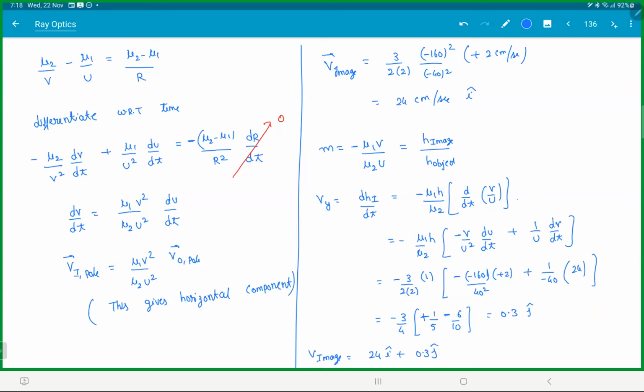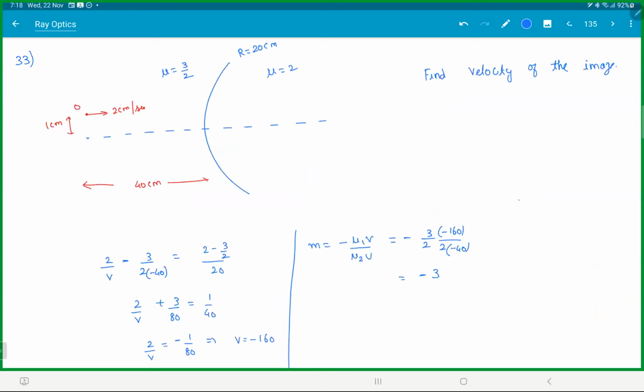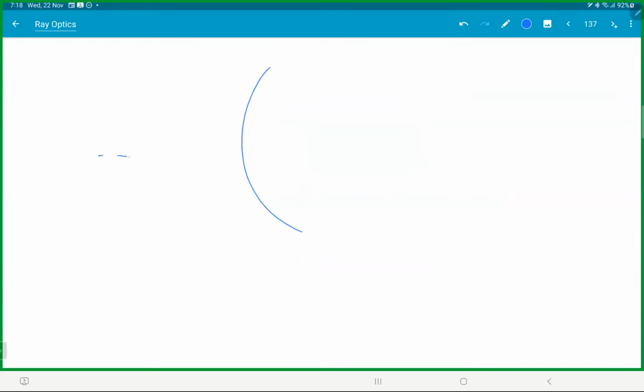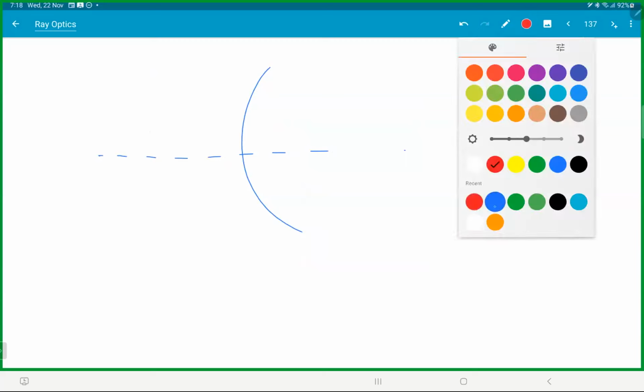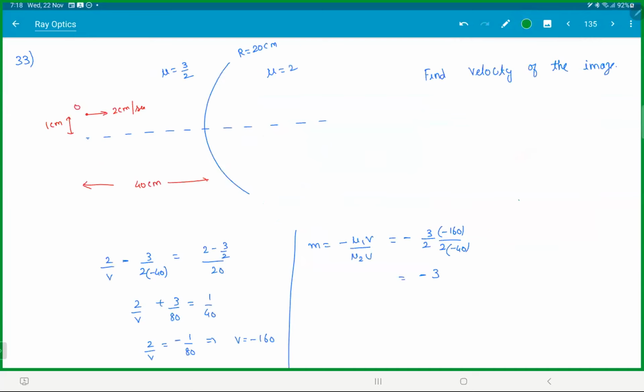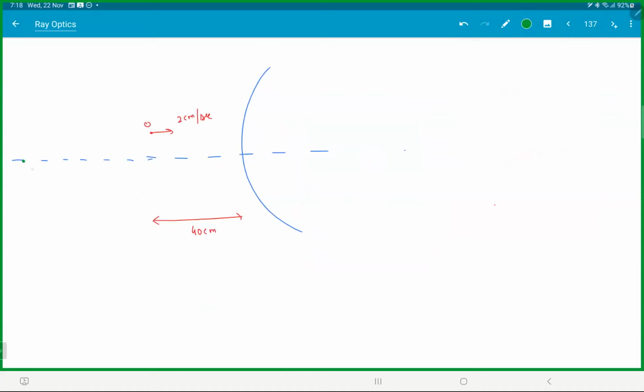Plus. So how will the diagram look like? This was the object here going this way with 2 centimeter per second. This was 40 centimeters. The image is behind, 160 centimeters, magnification is minus 3, so this is 3 centimeters below here.